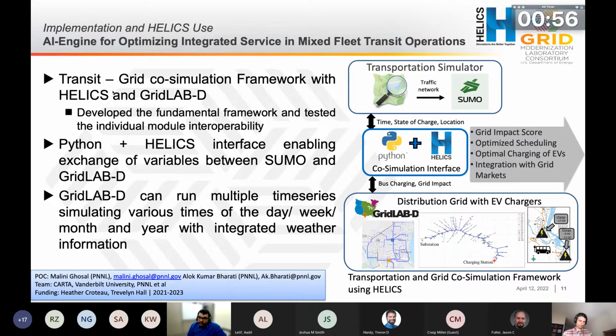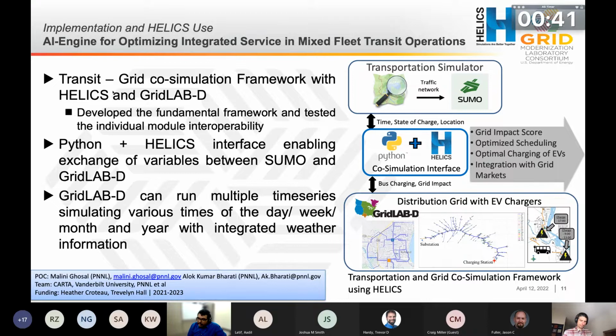distribution grid modeling software developed by PNNL, which is GridLAB-D, and it's fairly widely used and has a detailed modeling capability to go down to the house level of modeling in the distribution grid.